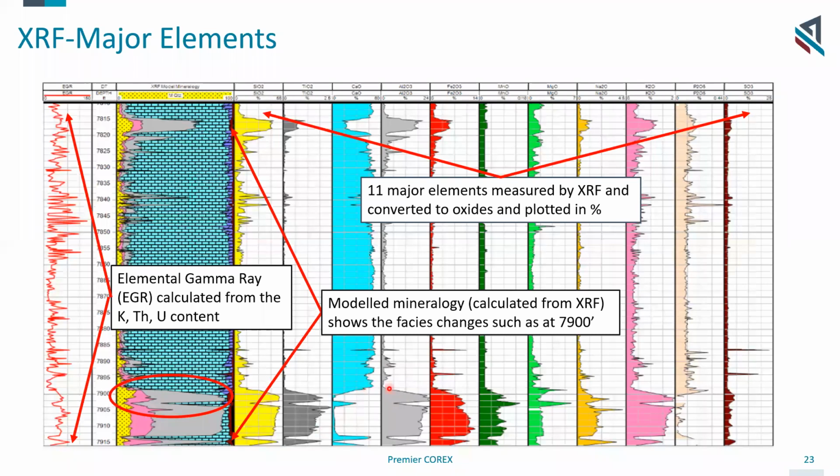We've got more aluminium oxide, more silica oxide, so quartz, more titanium, a lot more potassium, and some sodium as well. And that mineralogy is interpreted as being a sand here, and maybe this is total clay.